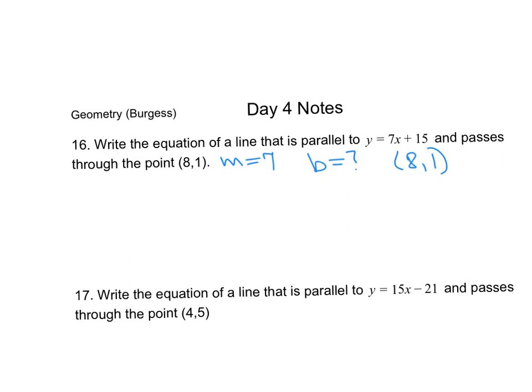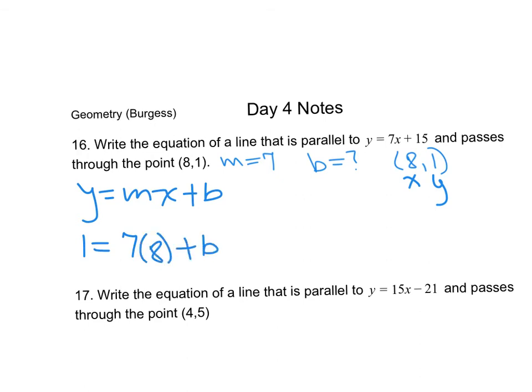Okay. Now, if we know y equals mx plus b, how can we use what we know to find our y-intercept? Right. This is an ordered pair. We know ordered pairs always give us x and y values, right? So if we plug in our y, which is 1, equals m, which is 7, times x, which is 8, plus b. Okay.